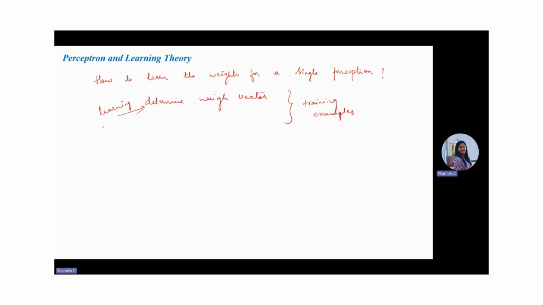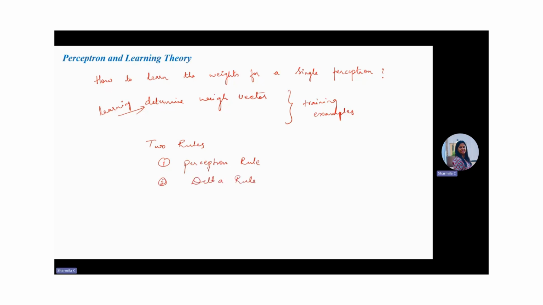Right. So we have two important rules from where we can learn the weights of the perceptron. The first one is called the perceptron rule. The second one is called the delta rule.